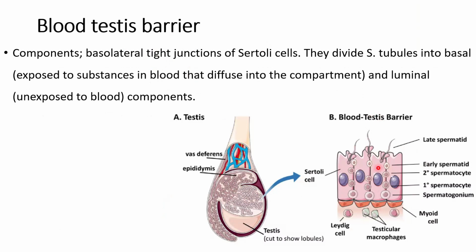What we'll be looking at is the blood testis barrier. Appreciate these are the Sertoli cells, and in these Sertoli cells, we have various cells undergoing spermatogenesis. So we have spermatogonium, primary spermatocytes, secondary spermatocytes, spermatids, and the spermatids are undergoing the process of spermiation.